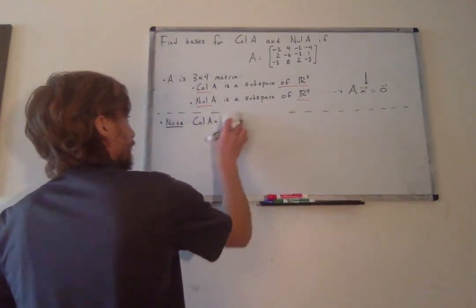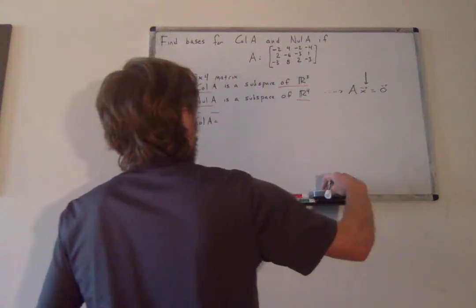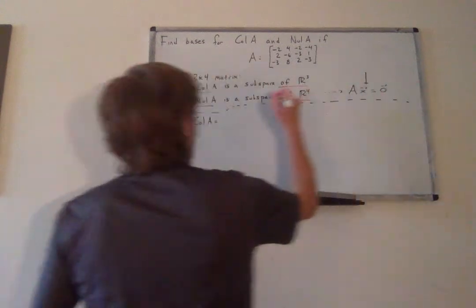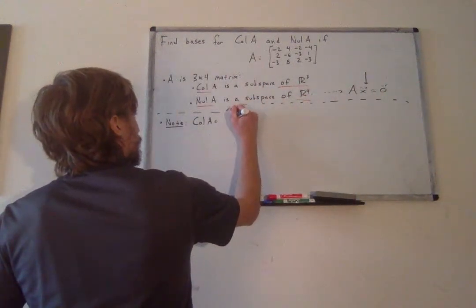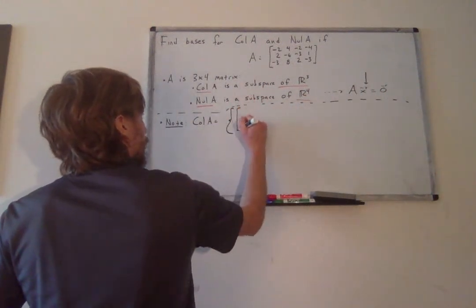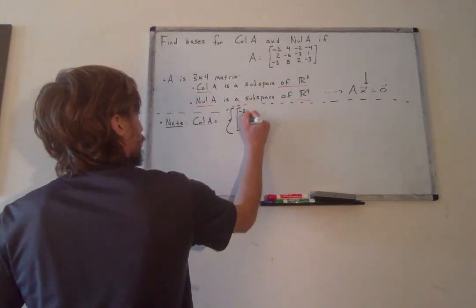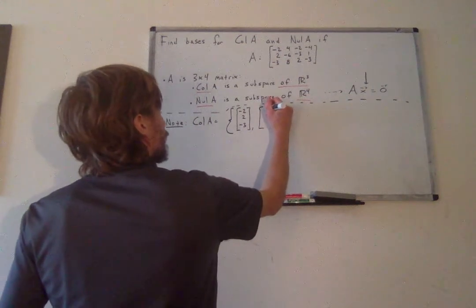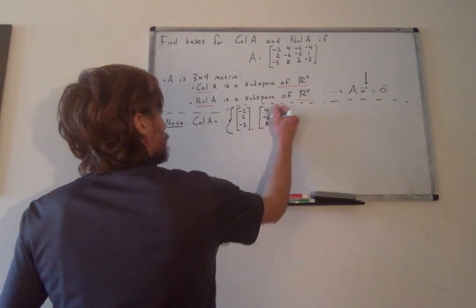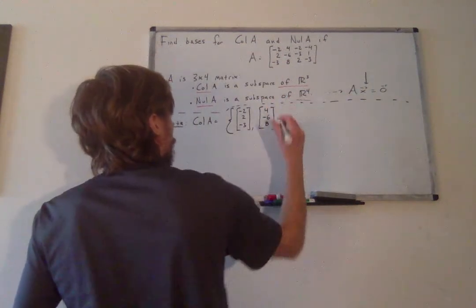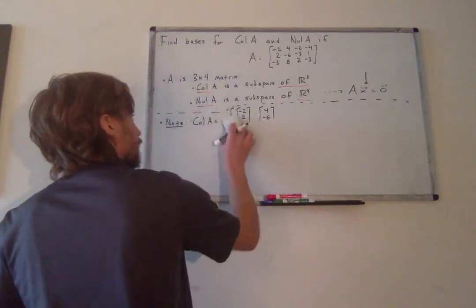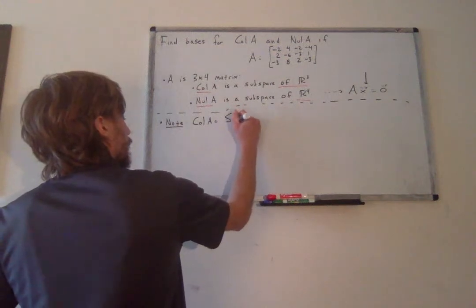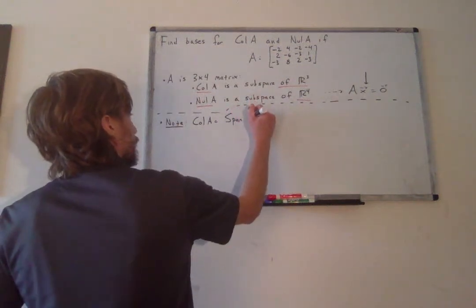I did not intentionally pick these to be the same 4 vectors of length 3, and so certainly this does apply to other numbers. Notice I forgot to write span. Okay, so Col A is equal to the span of this set.